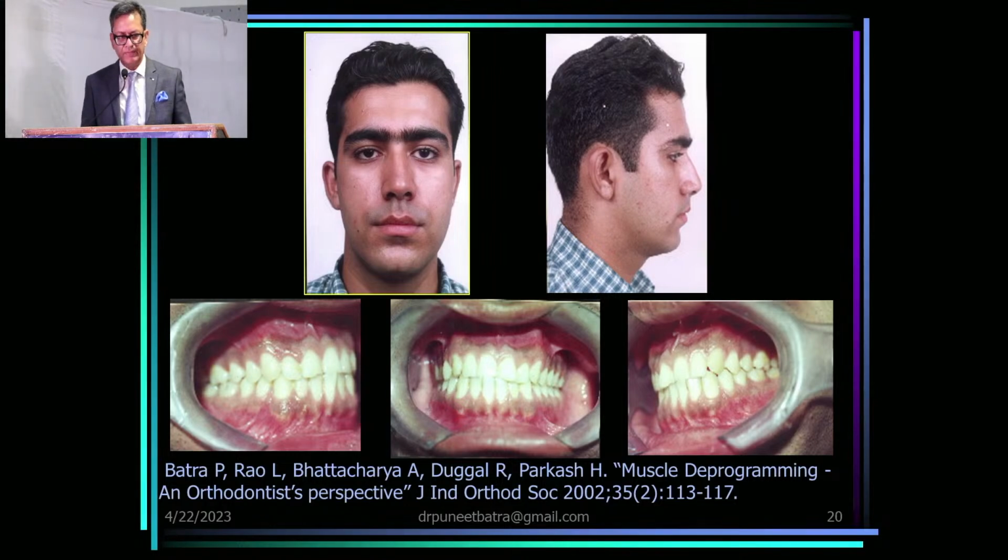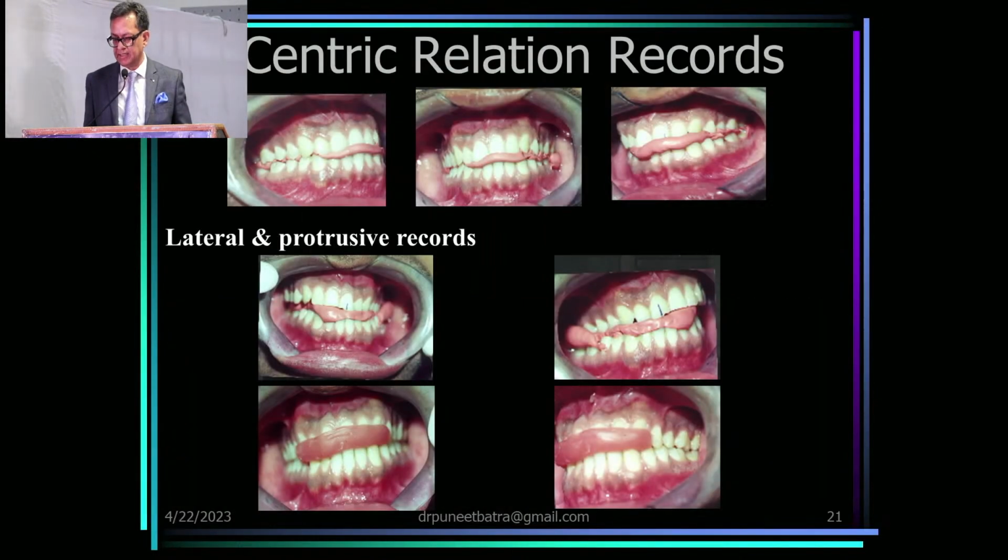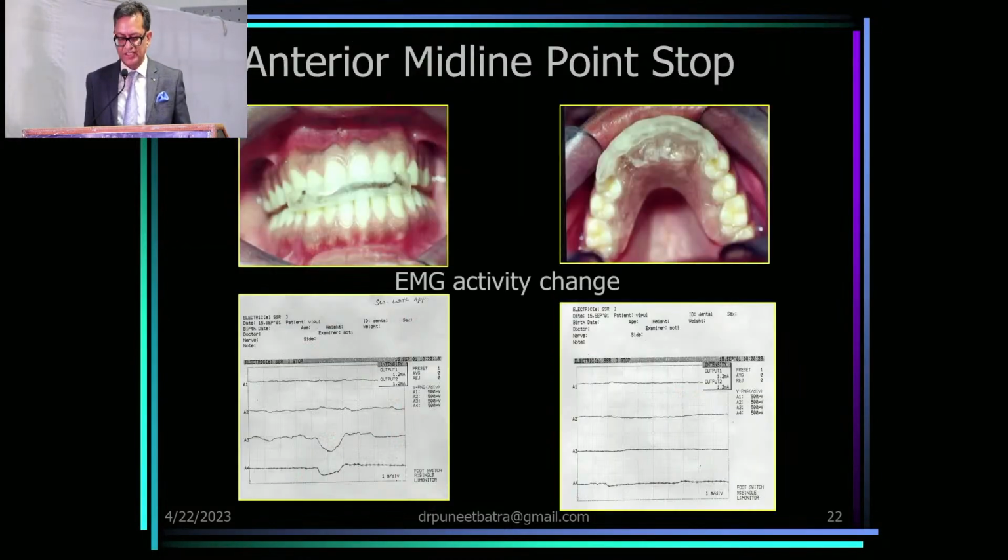So have a look at this patient. This boy is a medical representative. He comes with severe headache and he says that he has made 2 suicide attempts because the headache doesn't go away. Every time he takes a painkiller, it doesn't work. So what we did was a simple thing. We gave him an AMPS splint, and this AMPS splint changed his muscle activity.